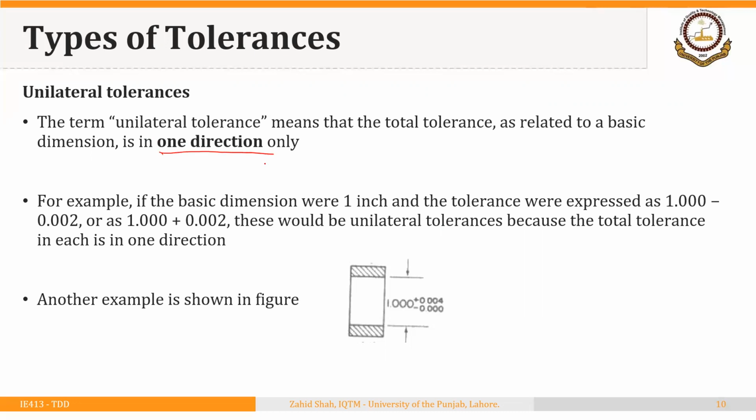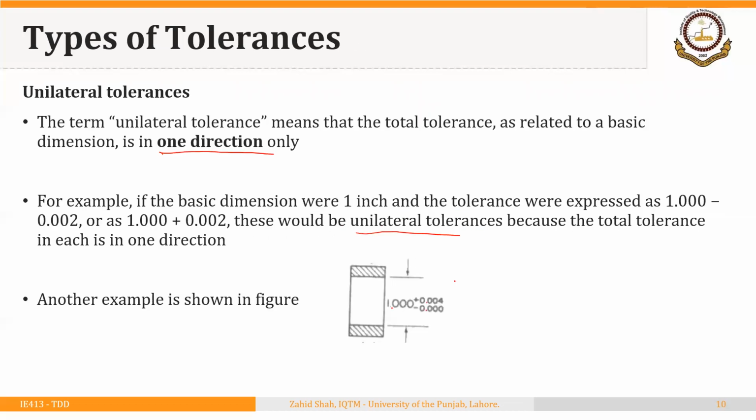For example, if the basic dimension were 1 inch and the tolerance were expressed as 1.000 minus 0.002, or as 1.000 plus 0.002, these would be unilateral tolerances, because the total tolerance in each is in one direction. We have seen this example already. So 1.000 is the basic size plus 0.004 minus 0.000. So this is unilateral tolerance.